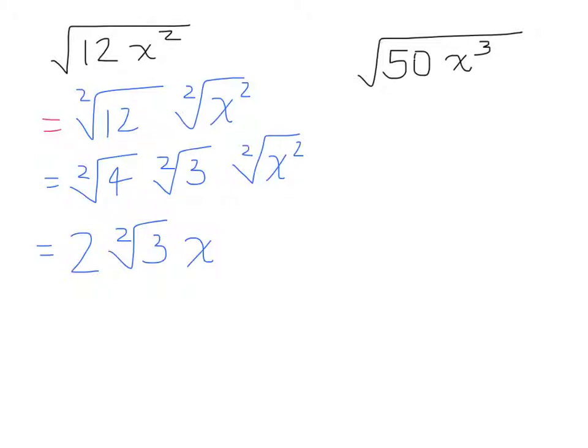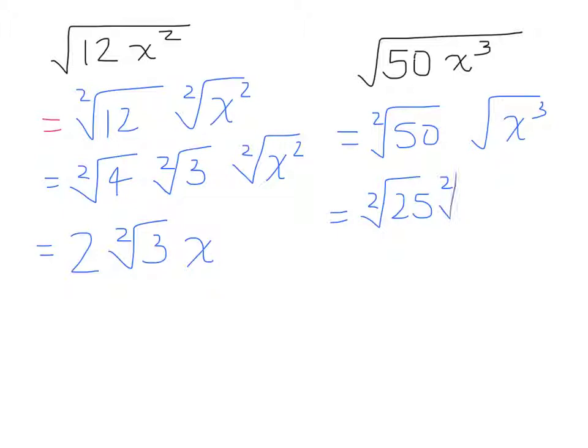Next is the square root of 50x cubed. Again, this one we can split up, so we'll just split up the 50, try to remember to keep our 2's in there, and split up the x cubed. Now, each of these can be split up again. The square root of 50 has a perfect square factor in it, which is of course 25, times the square root of 2, and if we undo our exponent laws, we can break x cubed up into x squared and x.